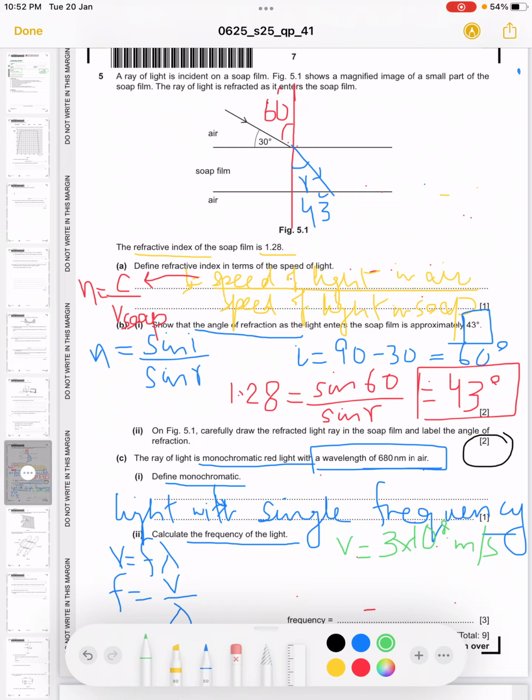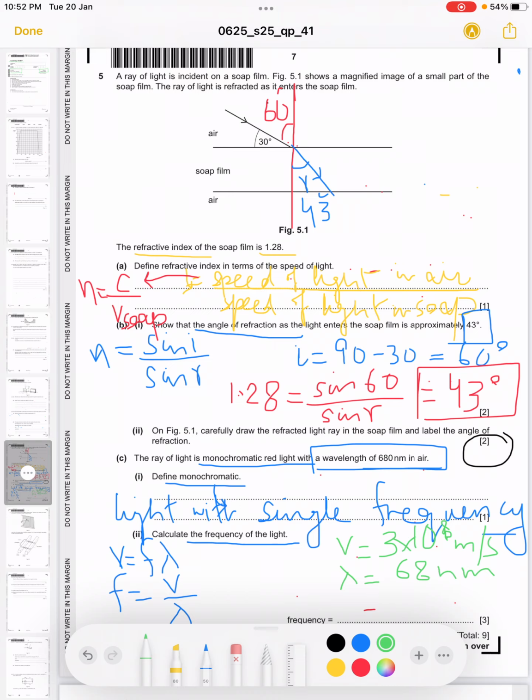It is basically a monochromatic electromagnetic wave, right? This light is, so, its value is 3 into 10 raised to the power 8. It is a constant value, right? It never changes. And for lambda, it is shown in the question, it is 680 nanometers.